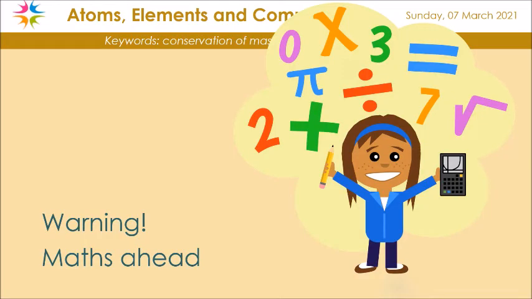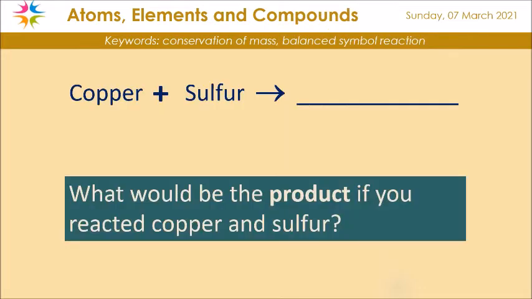Okay, now we have to do a bit of maths while we calculate masses. Just a reminder, what would the product be if you reacted copper and sulfur? And think about the ending of the word as well. Okay, well done. It's copper sulfide.